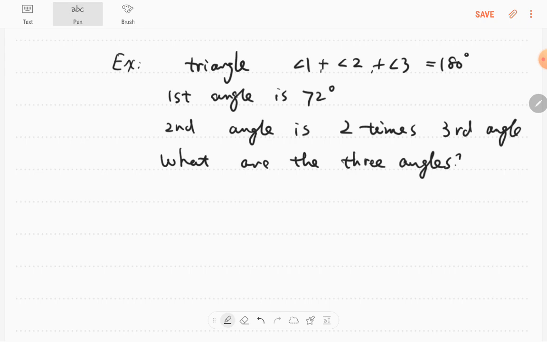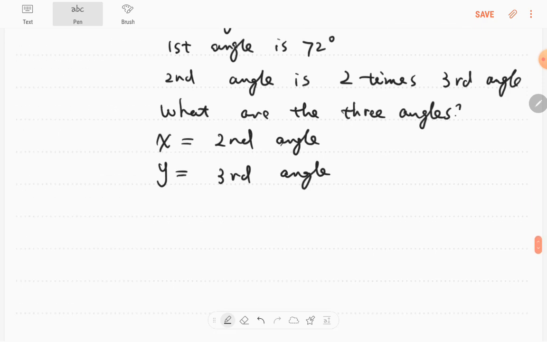After we read that, we can set x to be the degree of the second angle, and y to be the degree of the third angle. This is our first step.